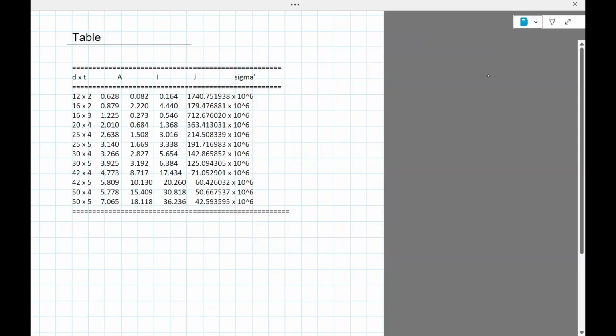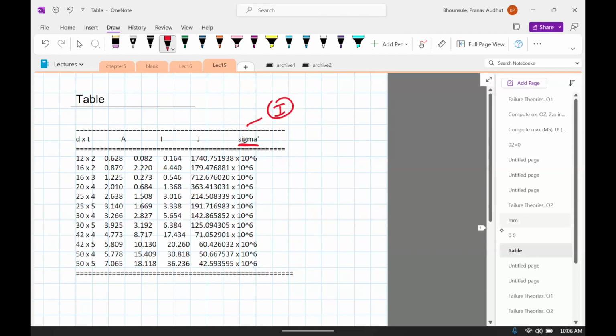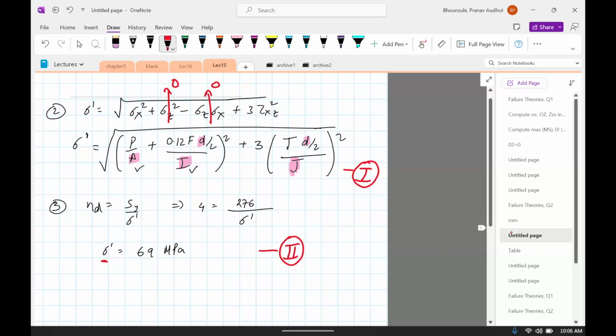I took D, A, I, and J, the four things, and then I computed sigma prime using formula one, the one I wrote down here. If you know A, I, D, and J, you can compute sigma prime.